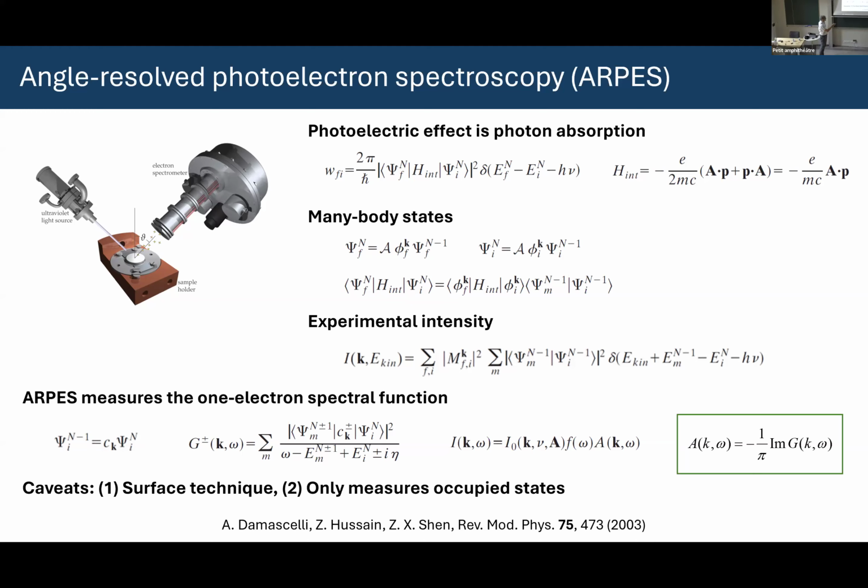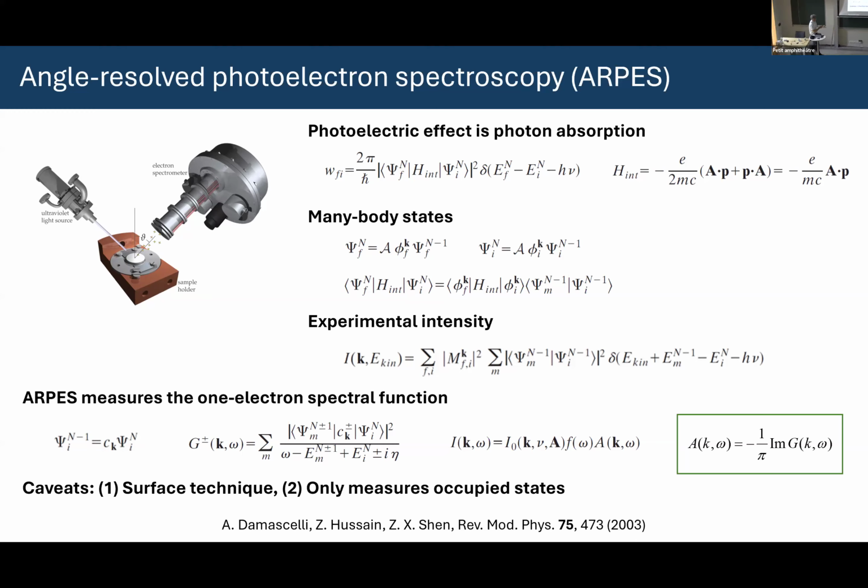It factors into a thing that's just a property of that plane wave, which we call the matrix elements, and then an overlap between the initial n-1 body system and the final one. So if you write this out, the intensity is that overlap function times some matrix element squared and then energy-conserving delta functions. This is the analog of Fermi's golden rule for photoelectrons.